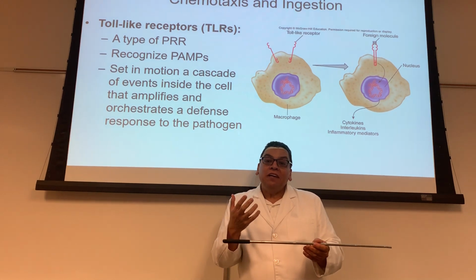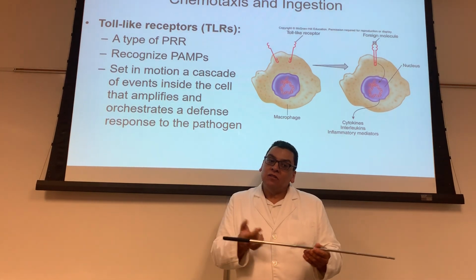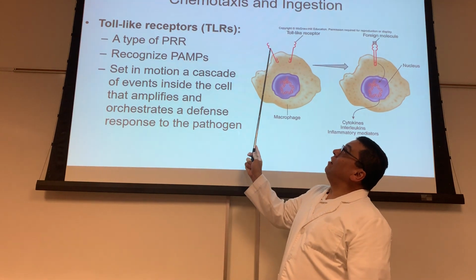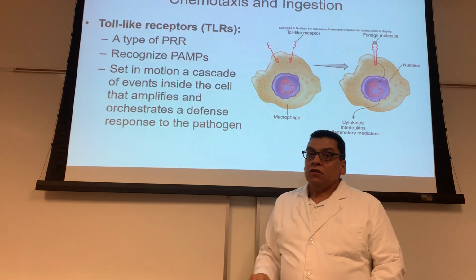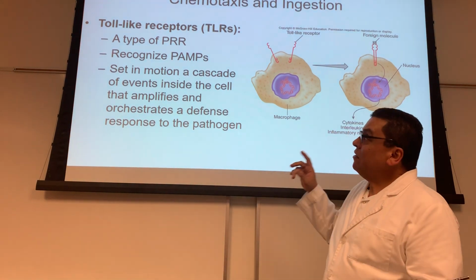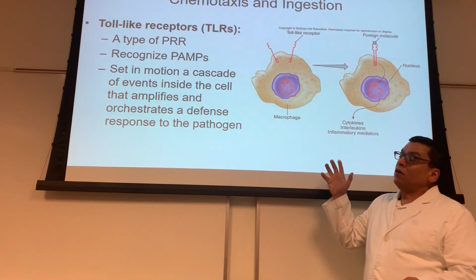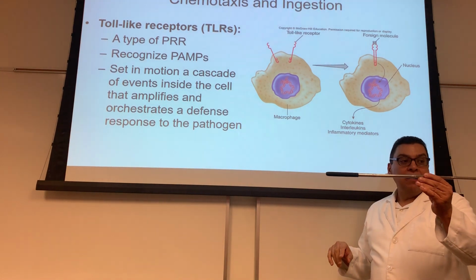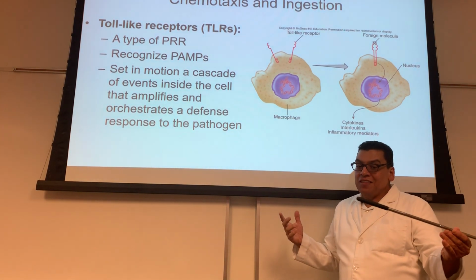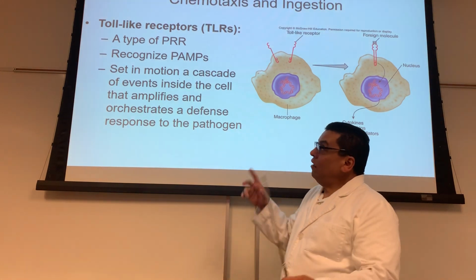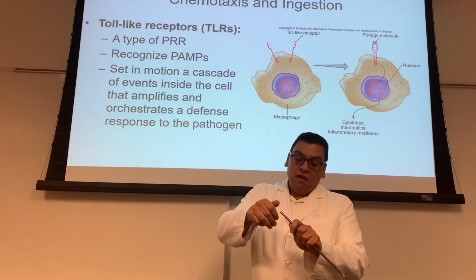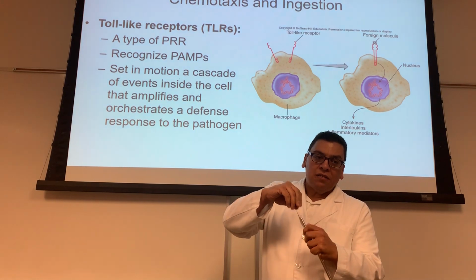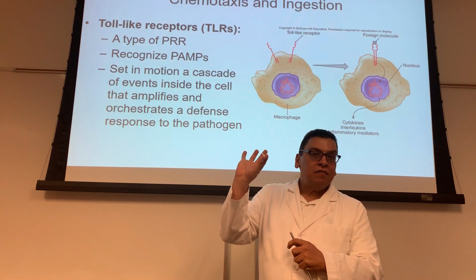It's too big to bind here. So you really think that the toll-like receptor is going to attach to an entire outer membrane? It's too big, it doesn't fit. But the toll-like receptor can easily attach, like we said before, to a piece of the outer membrane.